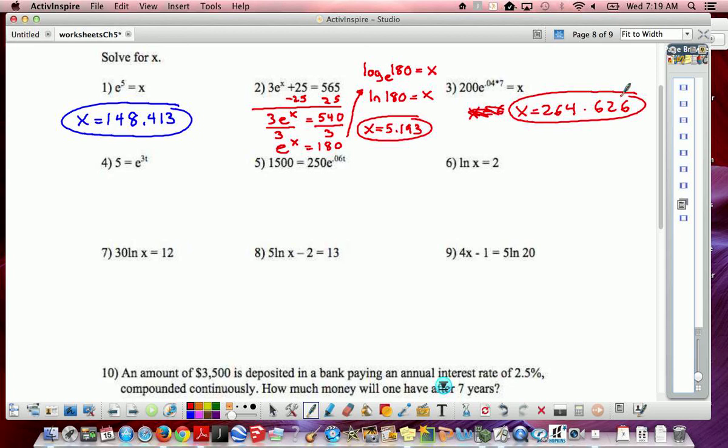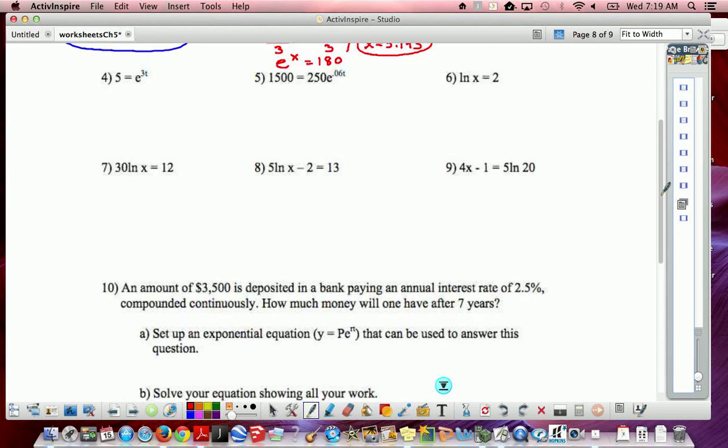All right, number 4, I'm gonna move these up a little bit, switch colors. So I have 5e to the 3t power. So again, rewrite it in log base form. So log base e of the number 5 equals 3t. Now some of you might have been able to go, all right, well, this is just going to simply be natural log of 5 equals 3t.